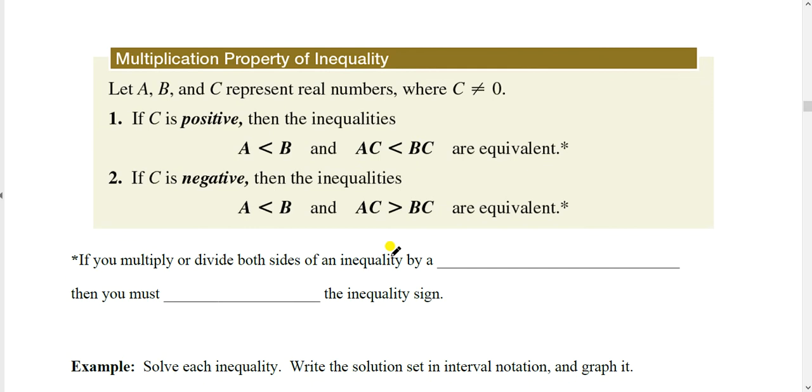So let's just summarize here. If you multiply or divide both sides of an inequality by a negative number, then you must reverse the inequality sign, or else you are changing the solution set.